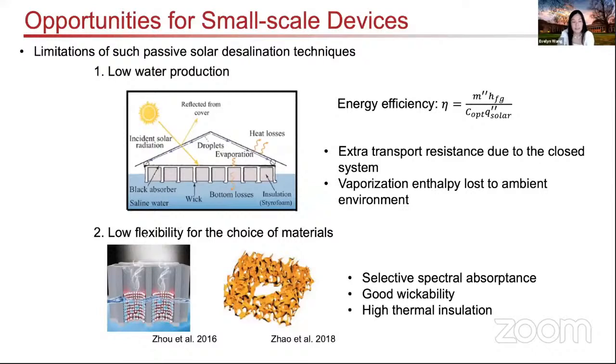Also, the second is a limited flexibility of the choice of materials. Often, selective spectral absorbance is needed and a good workability to actually draw the salt water into the device, as well as high thermal insulation. Because of these constraints, often the choices of materials are limited.